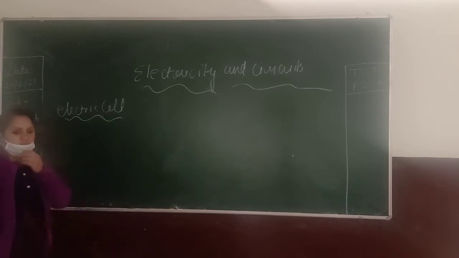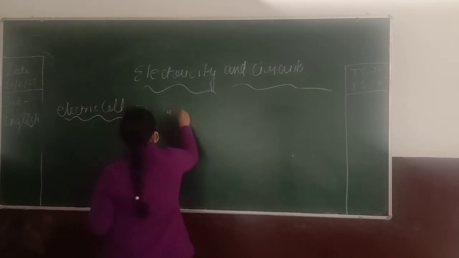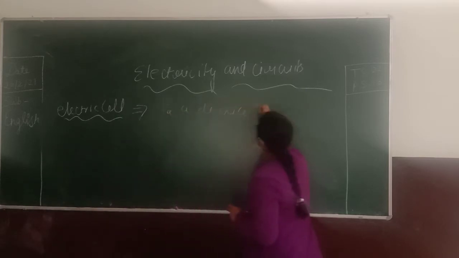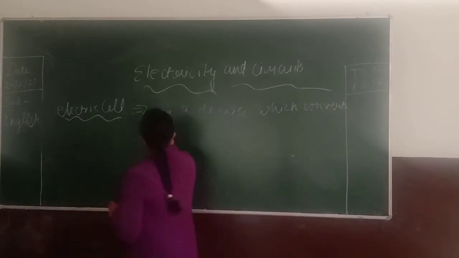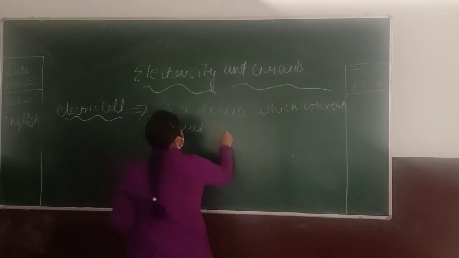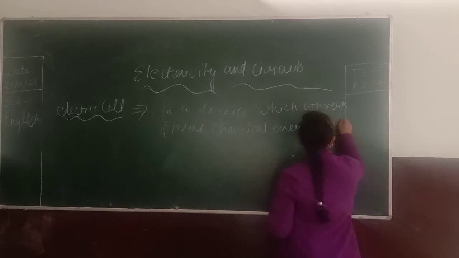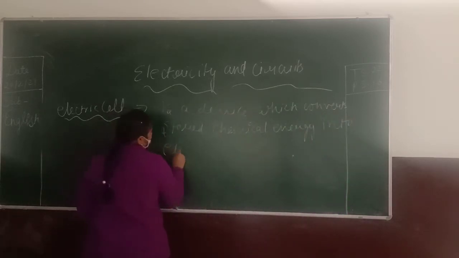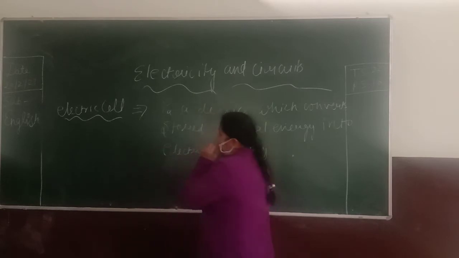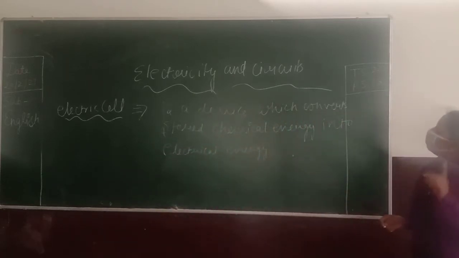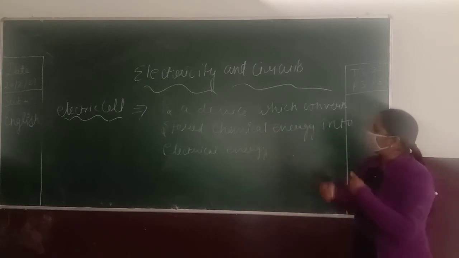If you want to write a definition, you can write: an electric cell is a device which converts stored chemical energy into electrical energy.